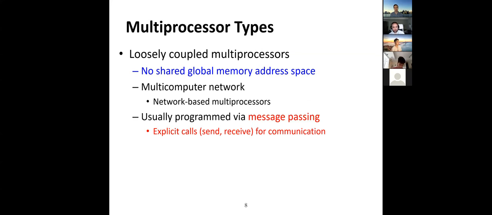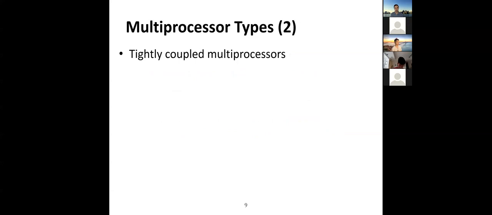Those loosely coupled multiprocessors usually are programmed via message passing, something like MPI, with explicit sends and receives. If you want to communicate between two processes, one sends a message saying, please wait for something for me, and on the other end, you write receiver code. So all communication is essentially explicit, right?